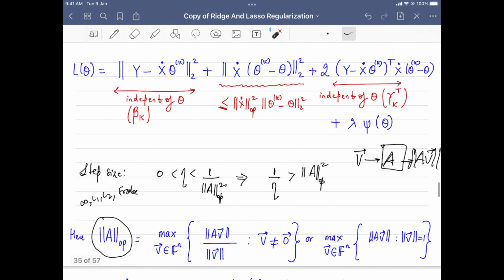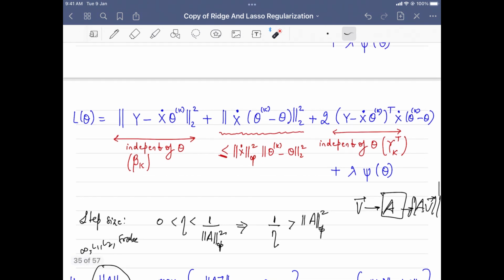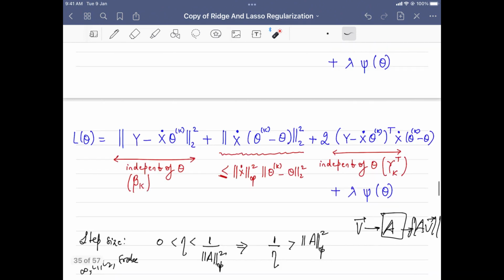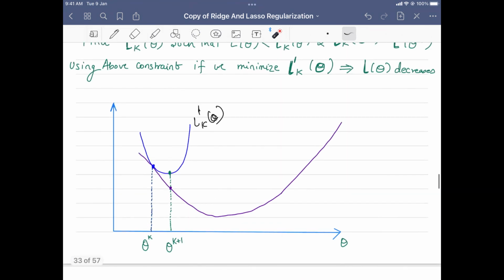Now I have explained all this last time also, but remember that here we are upper bounding the L2 norm of a matrix times a vector by the operator norm of the matrix times the vector norm. Once we say that this particular term is upper bounded by this term, that means you are actually finding this expression, L prime k.